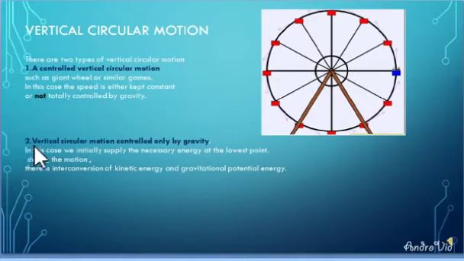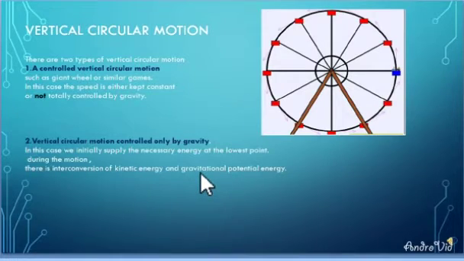Now the second type is vertical circular motion controlled only by gravity. In this case, we initially supply the necessary energy at the lowest point during the motion. There is interconversion of kinetic energy and gravitational energy.